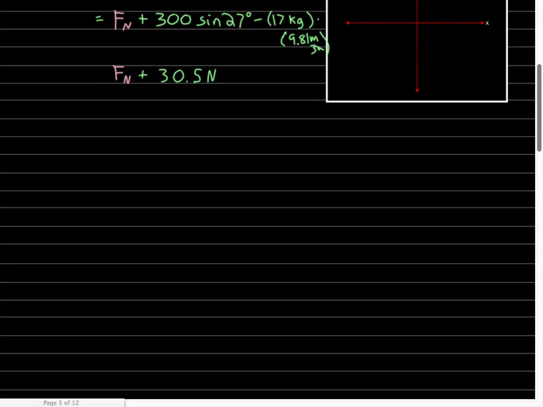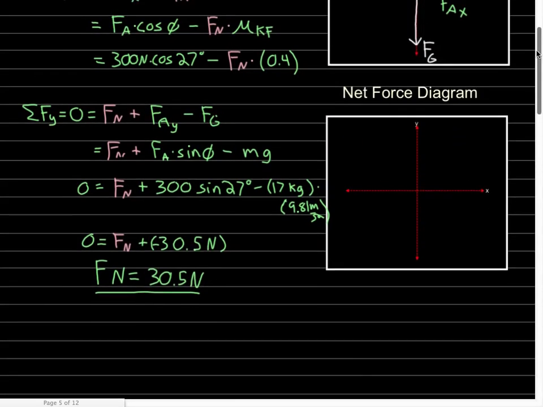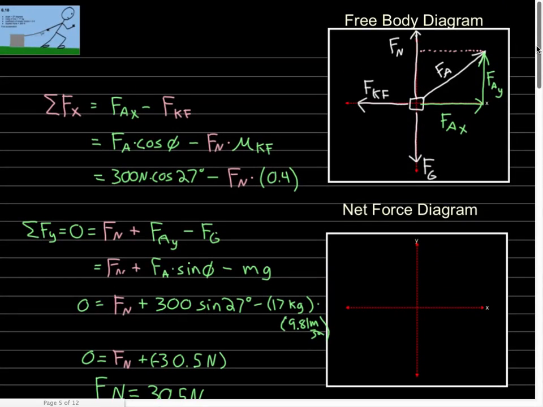All right, negative 30.5 newtons. And all this still equals 0. Therefore, the normal force is now known. Normal force now equals 30.5 newtons.